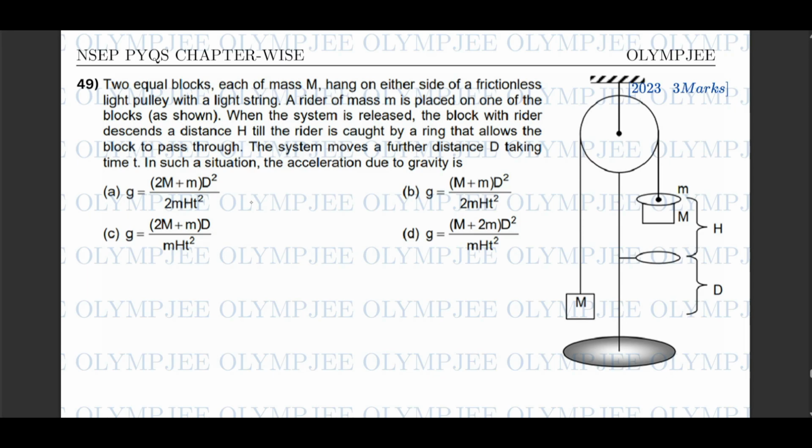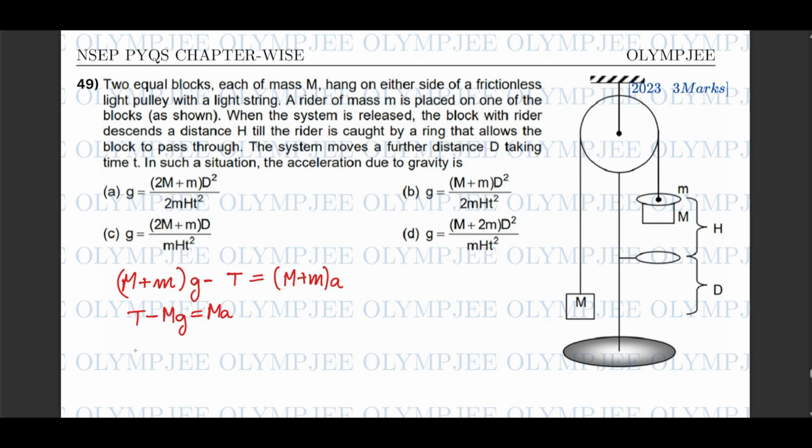First, we will calculate the acceleration before the rider is stopped by this ring. We will write equations. I am writing for this combined system first. (M plus m)g minus tension is equal to (m plus m) into acceleration, and for this m it will be T minus mg is equal to ma.